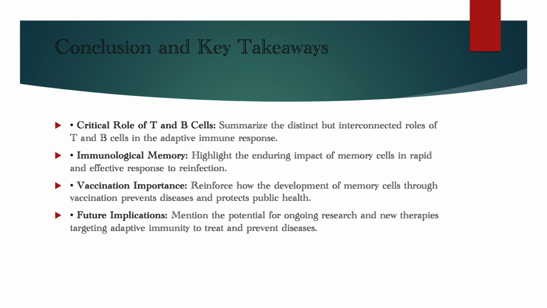The development of memory cells, which is a hallmark of the adaptive immune system, ensures that once our body encounters a pathogen, it is prepared to combat it more effectively and swiftly should it appear again. This mechanism is the basis for vaccinations, which is one of the most powerful tools in public health today. It enables us to prevent numerous diseases and save millions of lives annually.